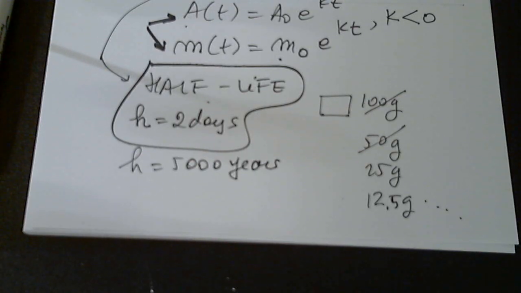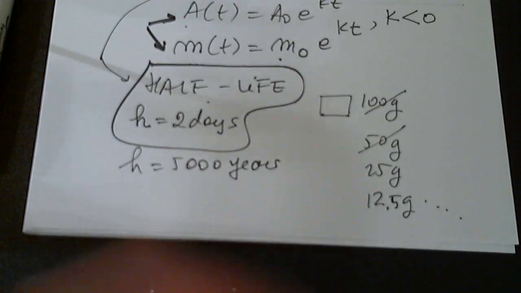Use the exponential decay model, which is exactly the same, A0 e to the kt. Just remember, k will be negative. To solve the exercise, the half-life of polonium-210, this is the name of the radioactive substance, is 140 days. So this is problem 87.